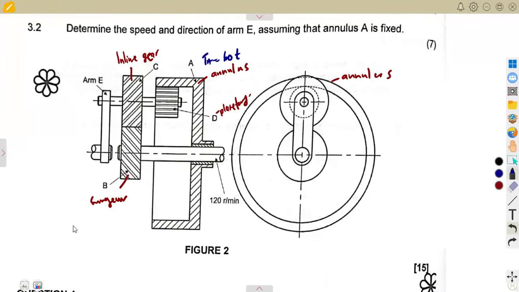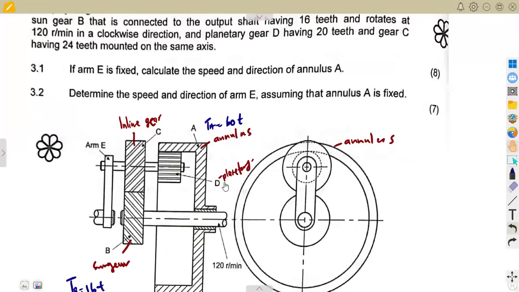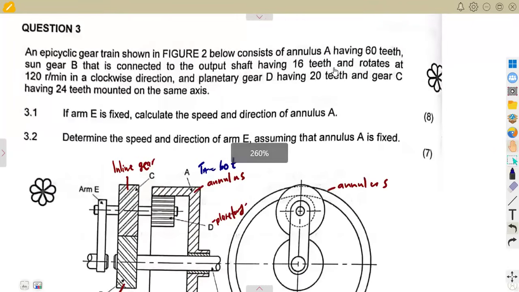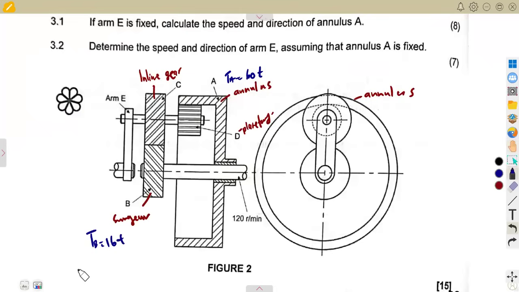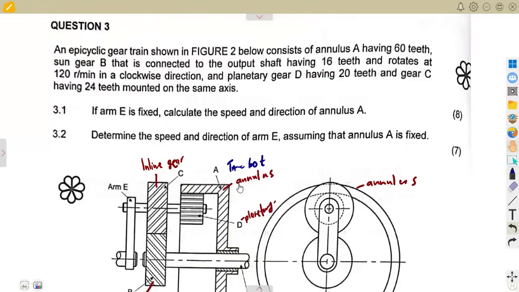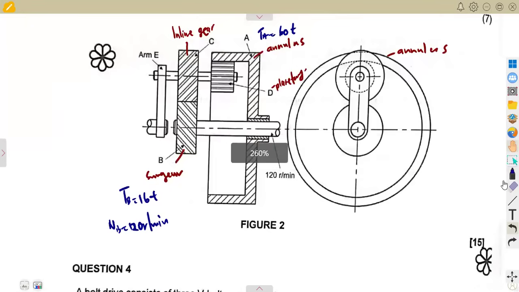That's 16 teeth there. What else? B rotates at 120 clockwise. So clockwise is positive. So NB is 120 revs per minute, which is positive there. It's clockwise. Then what else do we have? Let's just consider this positive here.